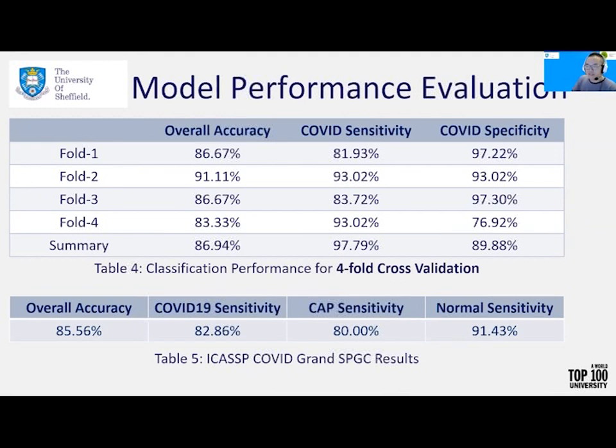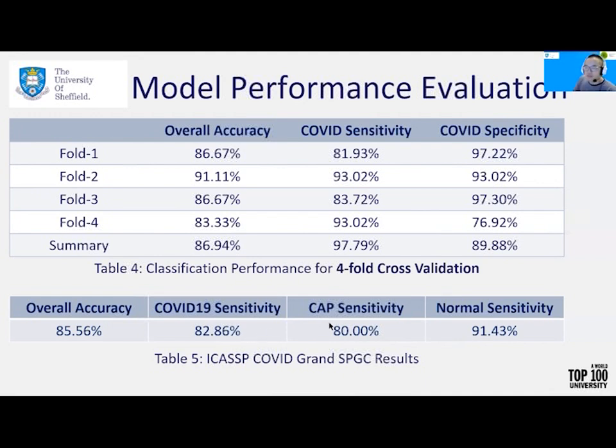This slide exhibits the experimental results for the model evaluation, which achieved an overall accuracy of 87%. The reason we're using four-fold cross-validation is that the organizer of the challenge didn't provide the labels of the testing data. Thus, in the experimental stage, we have to split 20% of the original dataset to evaluate the model performance.